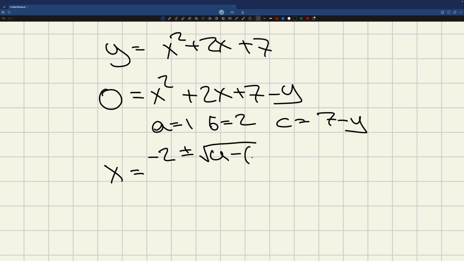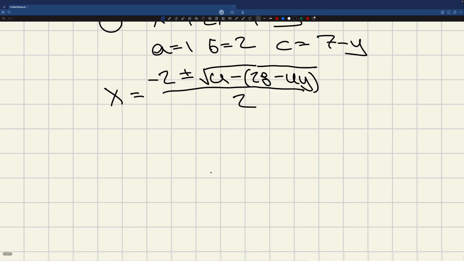So negative 4 times (7 minus y), so that's minus 28 plus 4y, sorry. Yeah, minus 4c, all over 2. And what do we get?